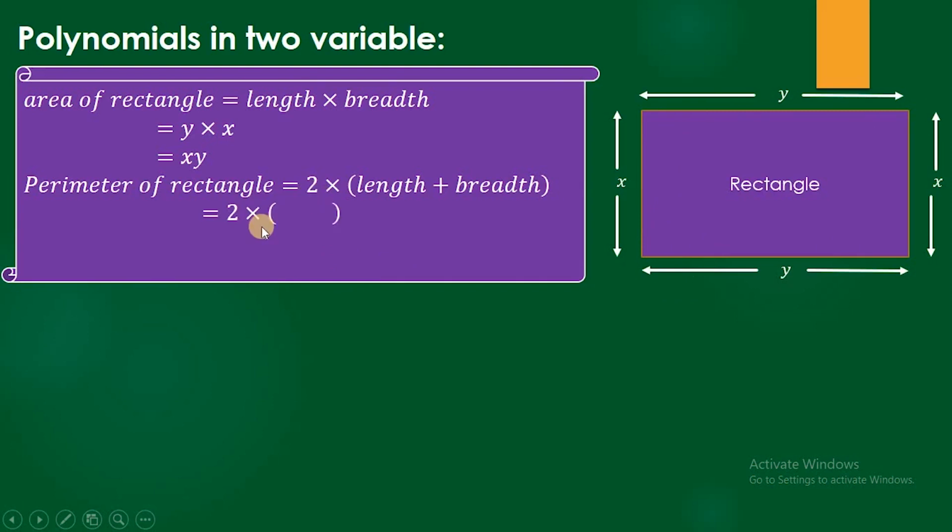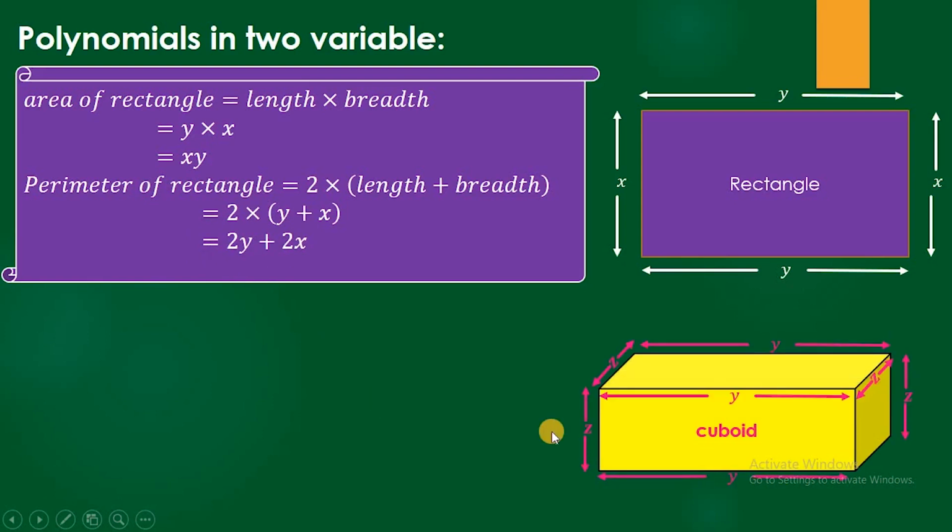So we'll write 2 into y plus x. Now 2 should multiply with both the terms y as well as x. So it can be written as 2y plus 2x, and y and x are two different alphabets, so it is called a polynomial in two variables.